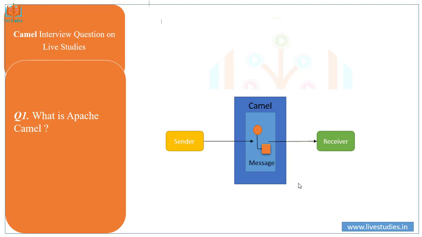Camel receives the message, right, from some endpoint and sends it to another one. The message can be processed or simply routed to different endpoints depending on the transportation logic applied to Camel. Okay.